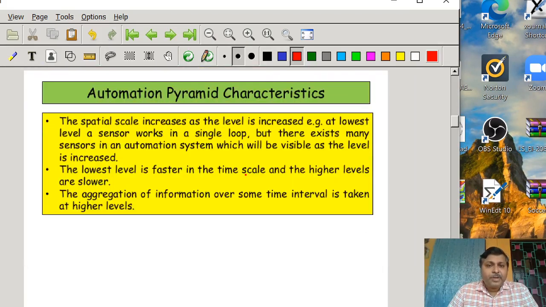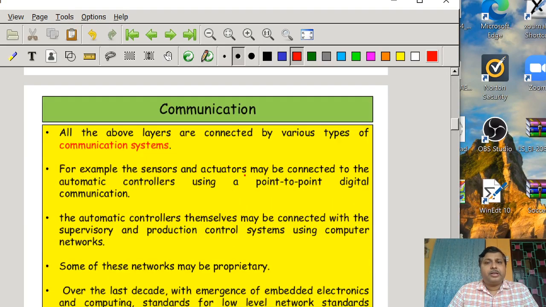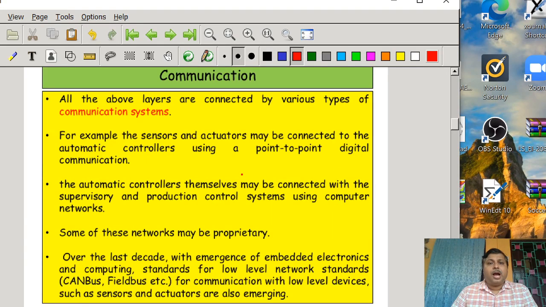Okay, and another very important thing is how each layer communicates with the others. All the above layers are connected by various types of communication systems. For example, the sensors and actuators may be connected to the automatic controllers using point-to-point digital communication. The automatic controllers themselves may be connected with the supervisory and production control system using computer networks.